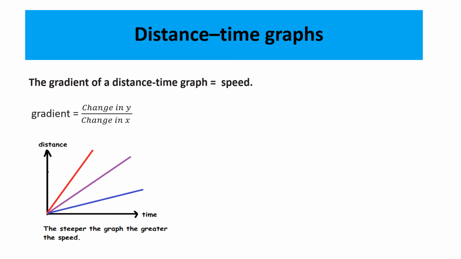In this graph, the speed is highest for this red line and the speed is lowest for this blue line, because for this blue line, the slope is less. Please note that as the slope increases, the speed also increases. The steeper the graph, the greater the speed.